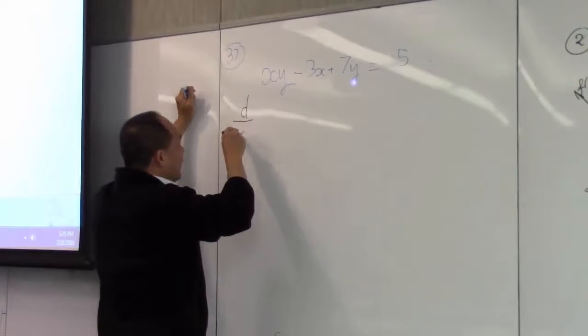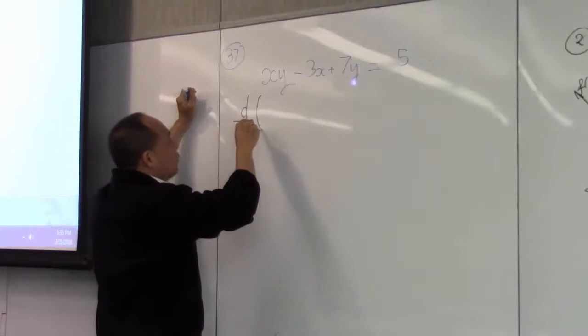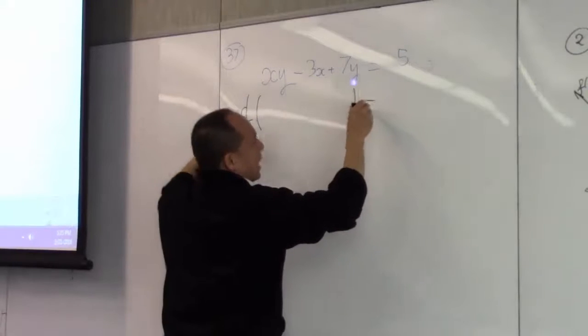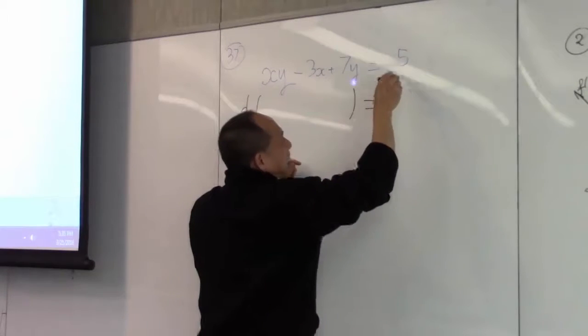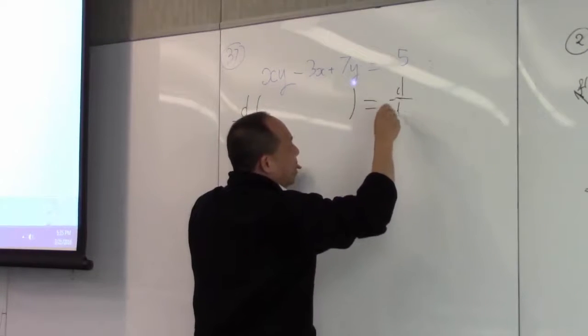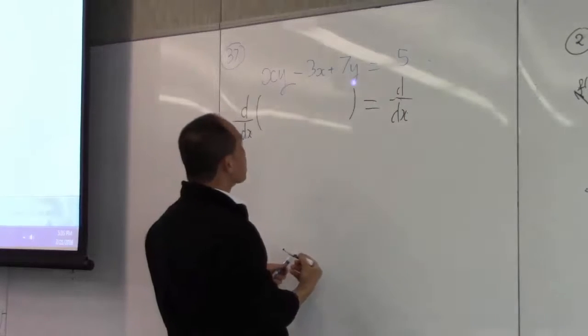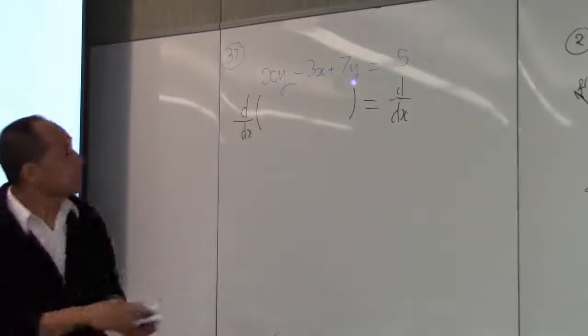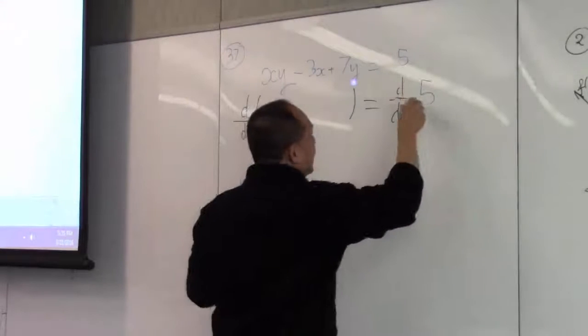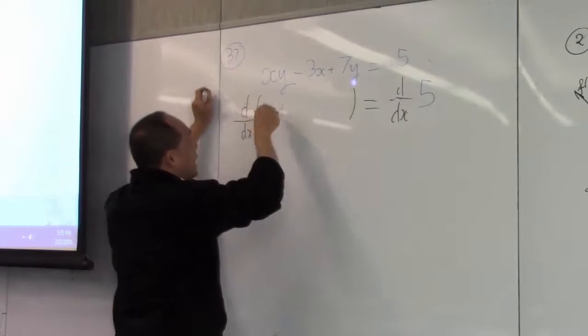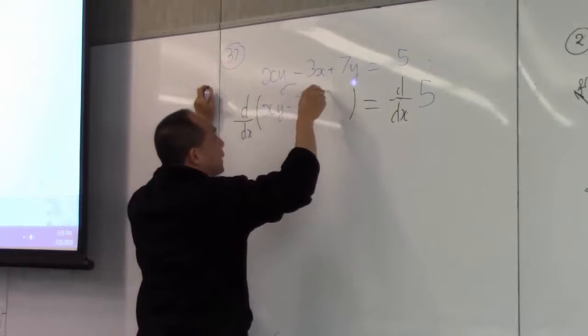Now you have d over dx of this group, and here you also have d over dx of this group. This group is the number 5, and this is xy minus 3x plus 7y.